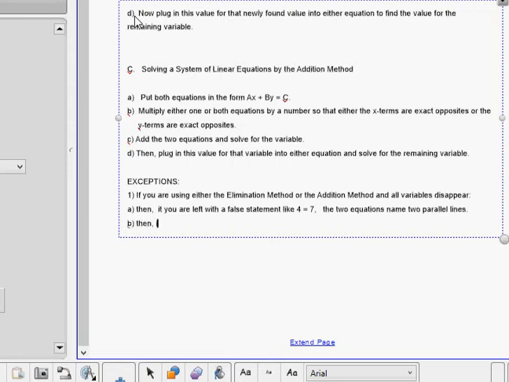Then if you are left with a true statement like 5 equals 5, the two equations name the same line.